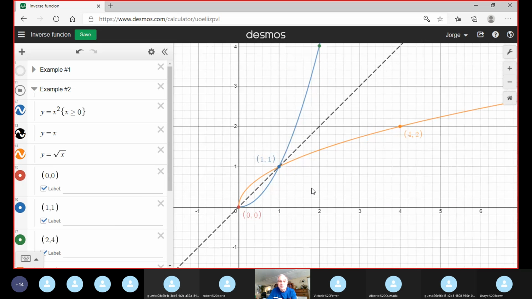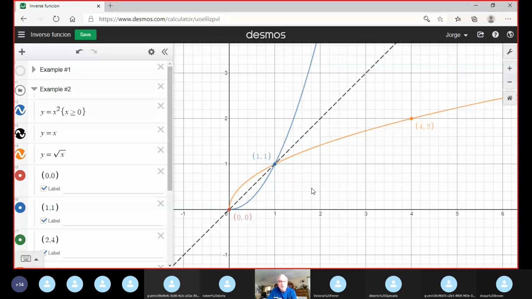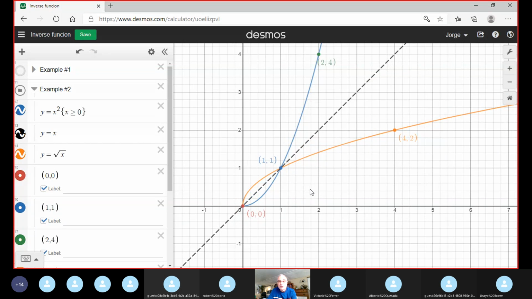And you see the perfect symmetry with respect to the line y equals x. Wow. For example, that point is 2,4 because 2 squared is 4, and the square root point should be 4,2 because the square root of 4 is 2, no? And 1 is a coincidence because 1 squared is 1, and square root of 1 is 1. And 0 is a trivial example.